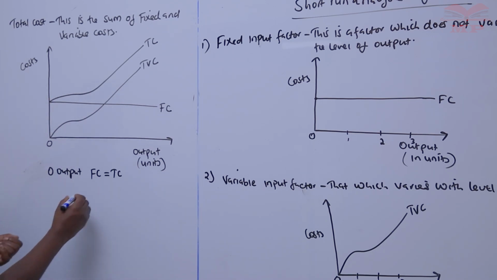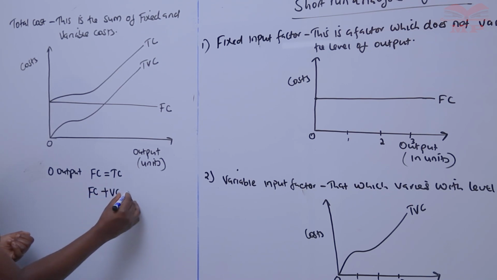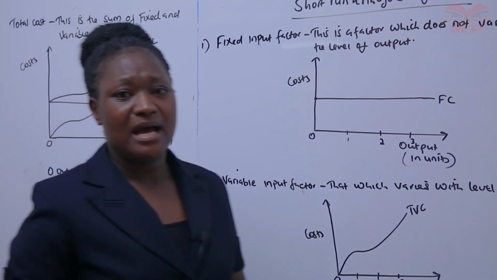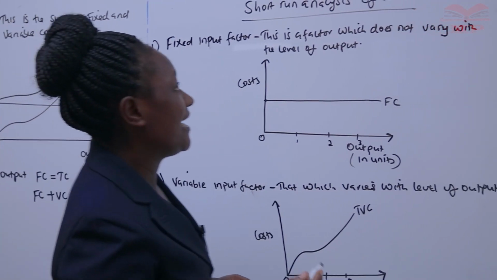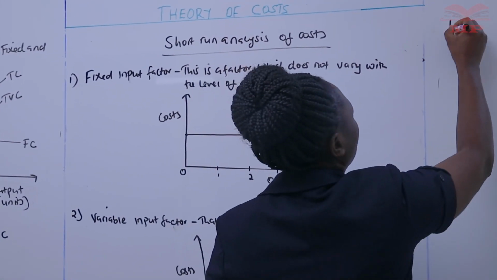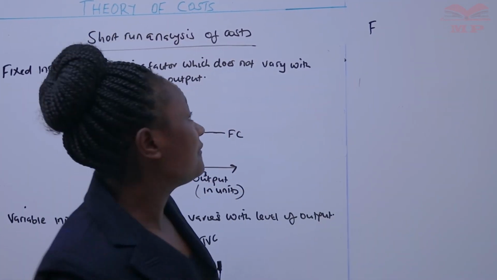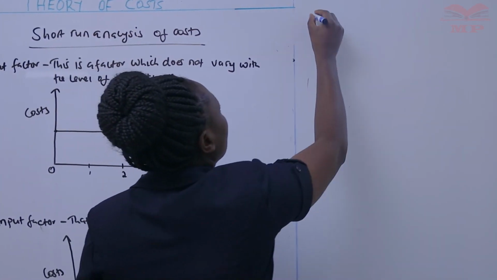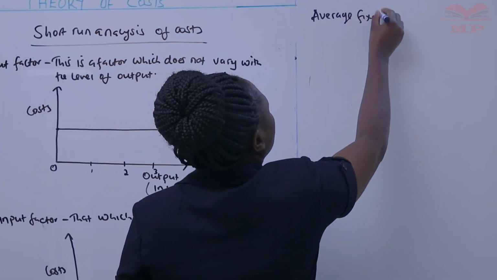So when we take fixed cost plus variable cost, we get what we refer to as total cost. We have other costs associated with the short run, and we have what we refer to as average fixed cost.